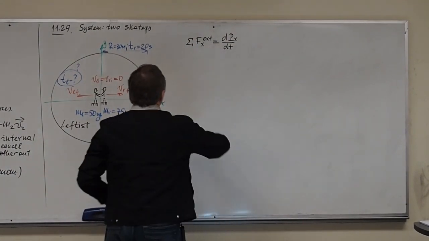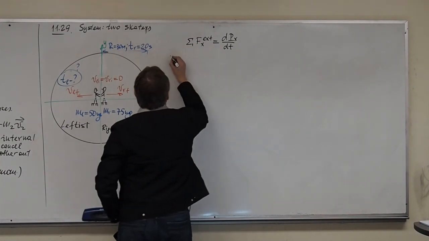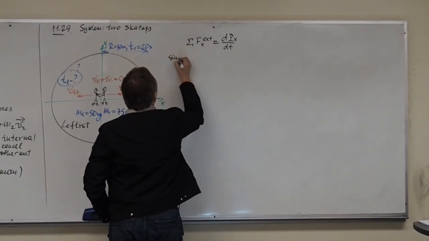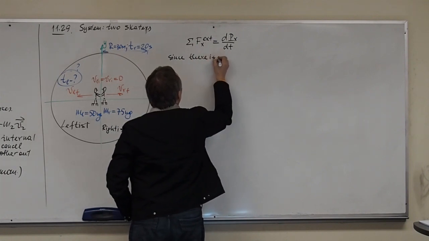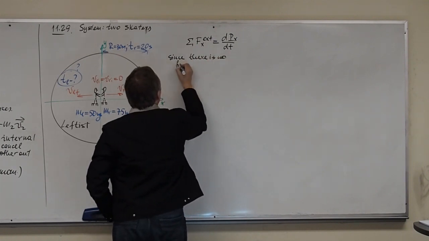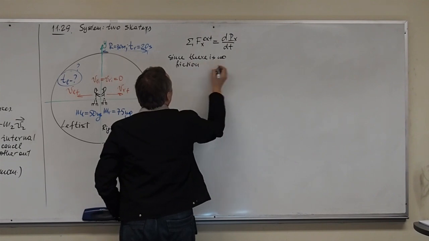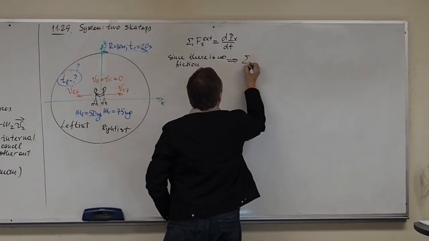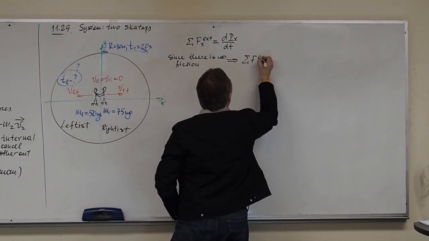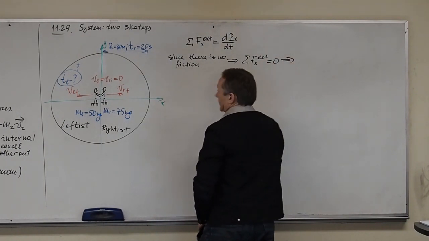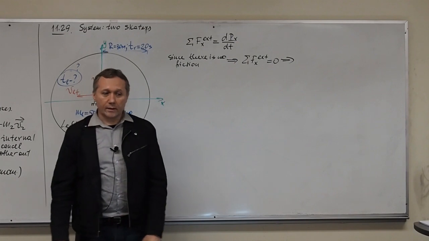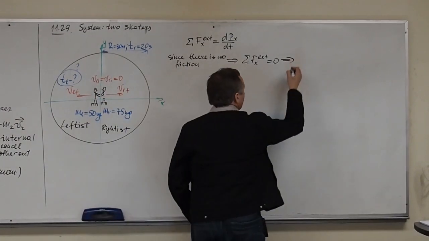All right. Okay, so now I can write, since there is no friction, the net external force in the x direction equals 0, and as a result, the total linear momentum in the x direction is constant.